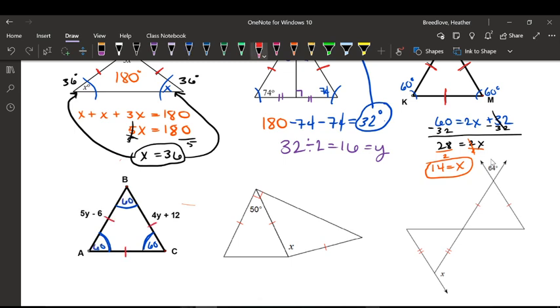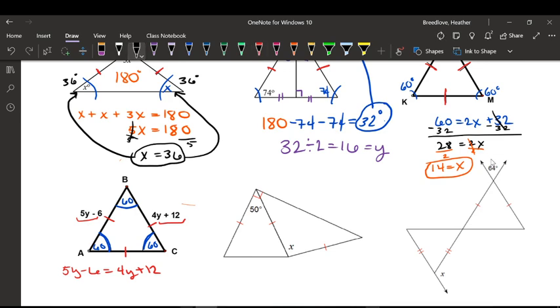So the instructions were find the missing variable and the angles. I already have the angles. I do need the missing variable, but since all the sides are the same, I can say that 5y minus 6 equals 4y plus 12. And then solve for y.